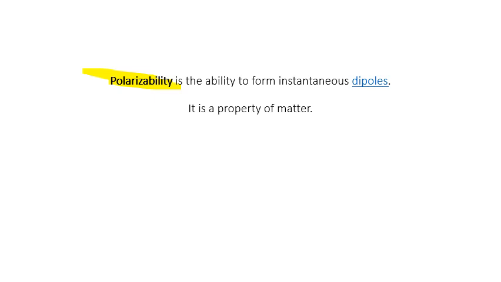I think we can get the idea. Polarizability is the property of the material which gives the idea of the ability to form dipoles. Some materials have the property to create a dipole immediately.